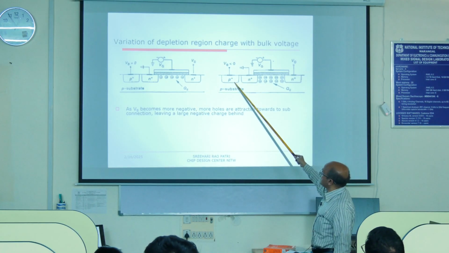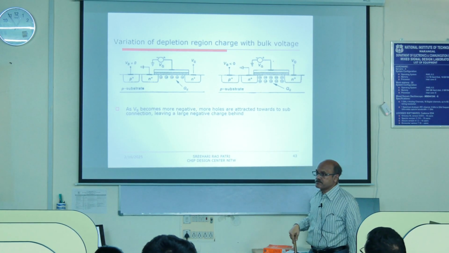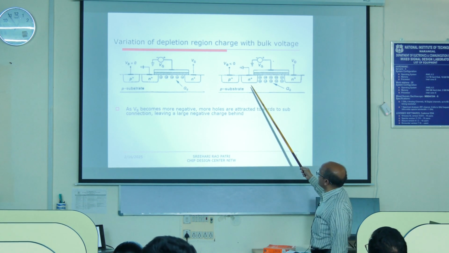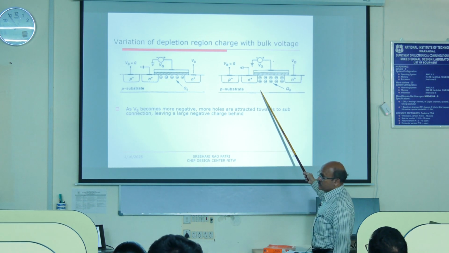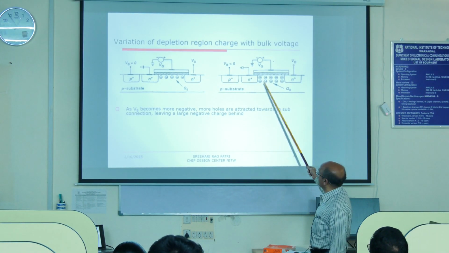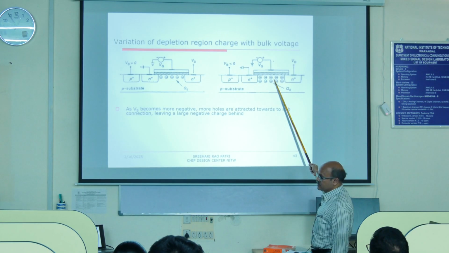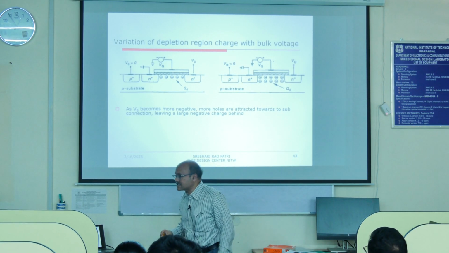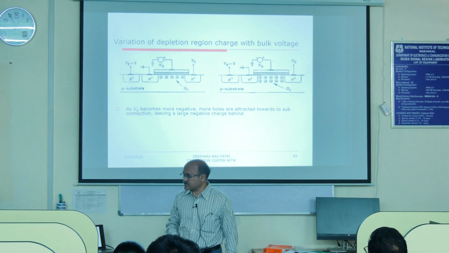When the bulk voltage is made negative, what may happen? You can see that the holes are getting attracted towards the terminal. Therefore, more and more depletion region will be there. The depletion layer width is going to be increased.